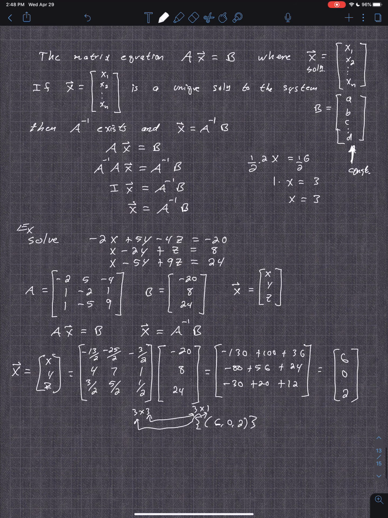I want you to understand the matrix equation, how this works, and how multiplying by an inverse will give you the solution. For the exam, it'll probably be simpler, like 2 by 2s, with easier calculations. But if you can do the 3 by 3s, then you'll get the other cases.